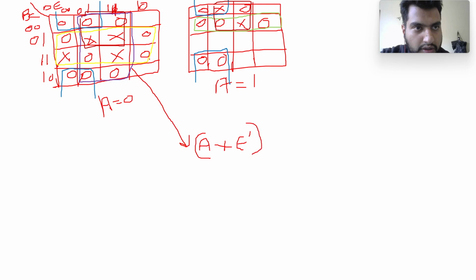Now this one, this yellow one, as you can see a is 0, so it's a. D and E are changing, and among B and C, C is constant, and C is equal to 1, so it's a plus c complement.